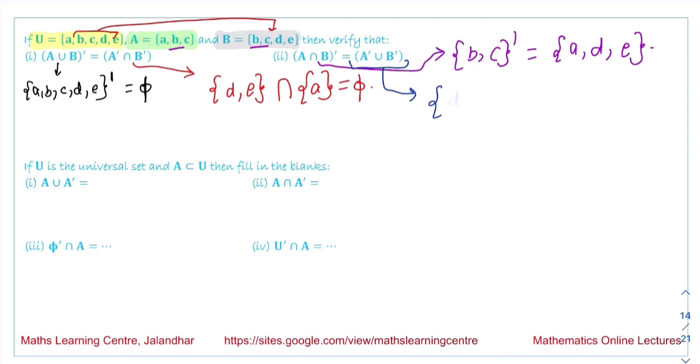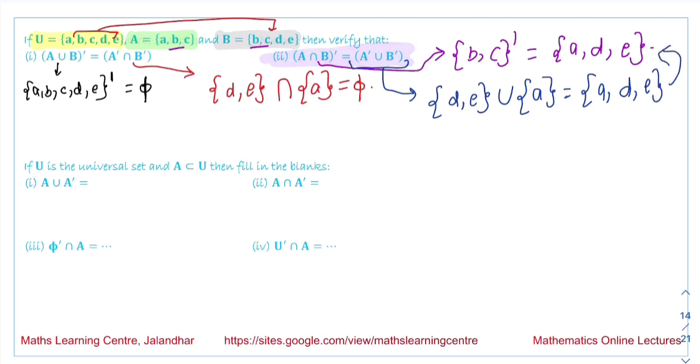The A complement is {d, e}, and the complement of B is {a}. The union of these two will be equal to {a, d, e}, and we can see that these two are equal. So both these conditions are verified.